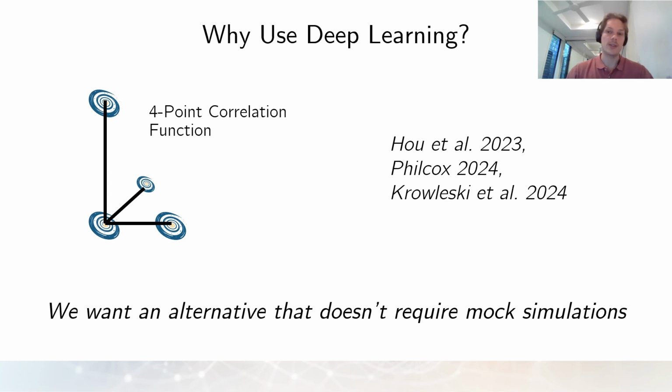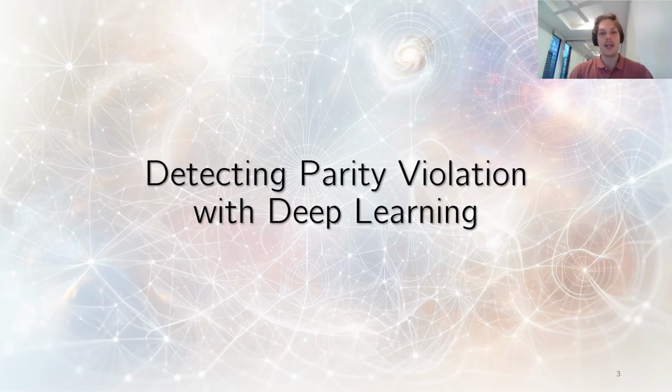Effectively, you need to do some calibration for the 4-point, and to do that calibration, you need some mock simulations. If they don't match your data exactly, then you can start to run into some issues. So the thing that we want is an alternative that doesn't require these mock simulations, and that is what detecting parity violation with deep learning lets us do.